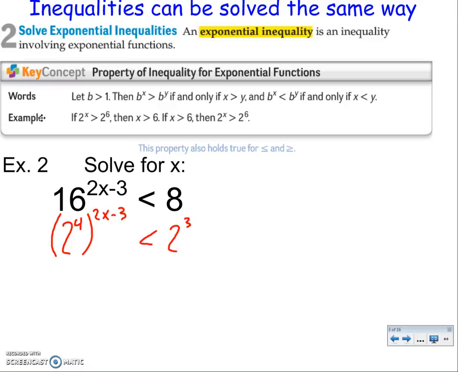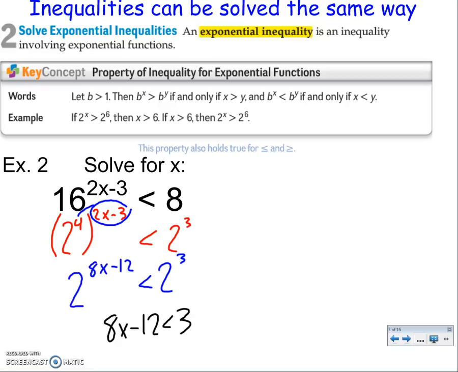Again, the power to power, I'm going to multiply, or distribute this to that. I have 2 to the 8x minus 12 is less than 2 cubed. Well, same bases means same exponents, so I'll just ignore the bases. I basically have this new inequality, and I solve this, because the left side exponent has to be lower than the right side exponent. So I'm going to add 12.